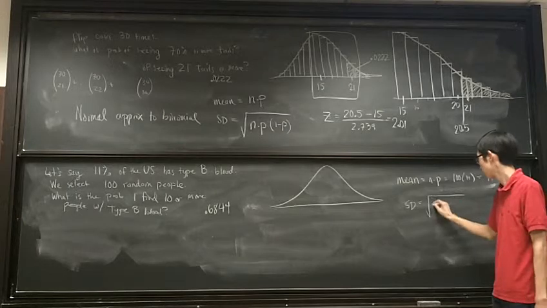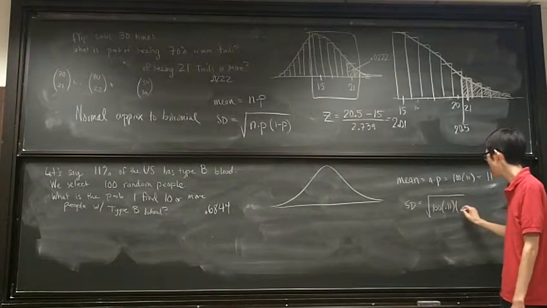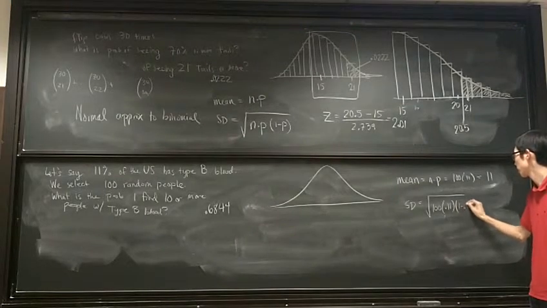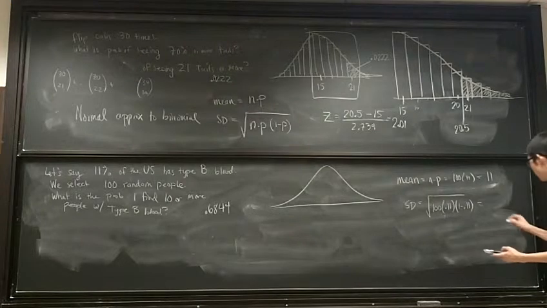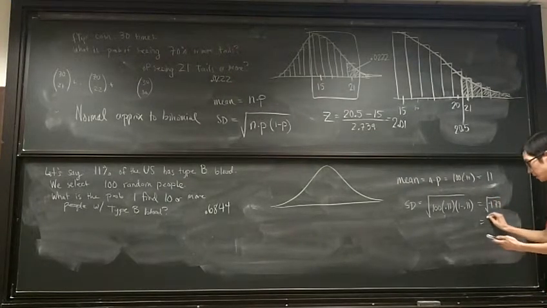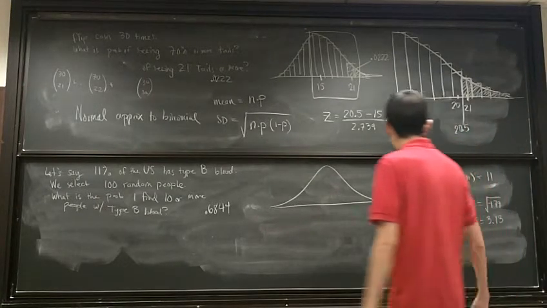N times P times 1 minus P, which is 100 times 0.11 times 1 minus 0.11. Square root of 9.79. I get 3.13, pretty much. Maybe I'm keeping a few more decimals in my calculator here.